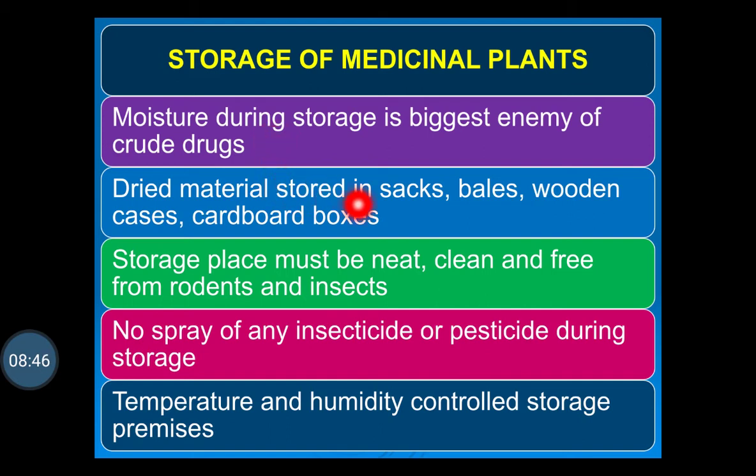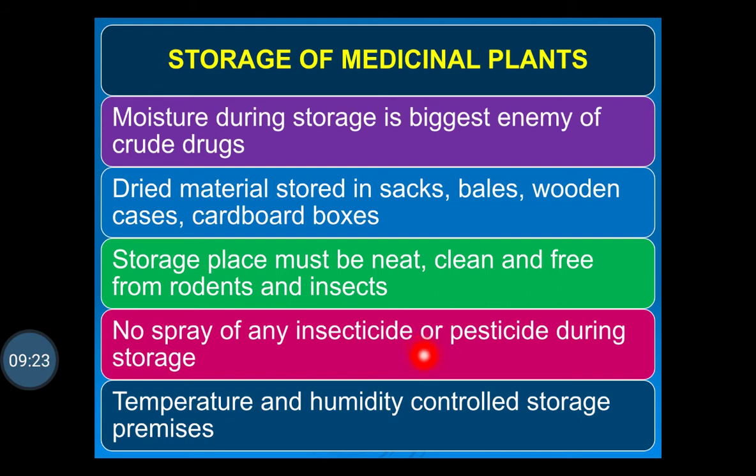Then the dried material is stored in sacks, bales, wooden cases or cardboard boxes, as per the requirement of that particular drug. The storage place must be neat, clean and free from rodents. No insecticides or pesticides should be sprayed during the storage, because traces of these may remain on the drug and cause a further decrease in its quality.